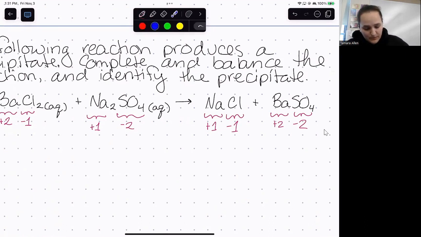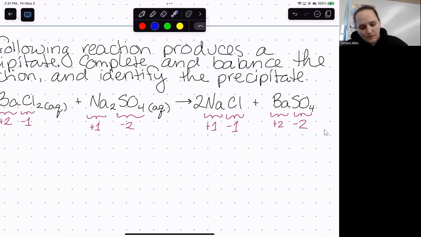Currently, we have 1 barium and 1 sulfate on the left, 1 barium and 1 sulfate on the right, so that is fine. We have 2 sodium and 2 chloride on the left, but only 1 sodium and 1 chloride on the right. So the last thing we need to do to balance this reaction is to put a 2 in front of that sodium chloride.